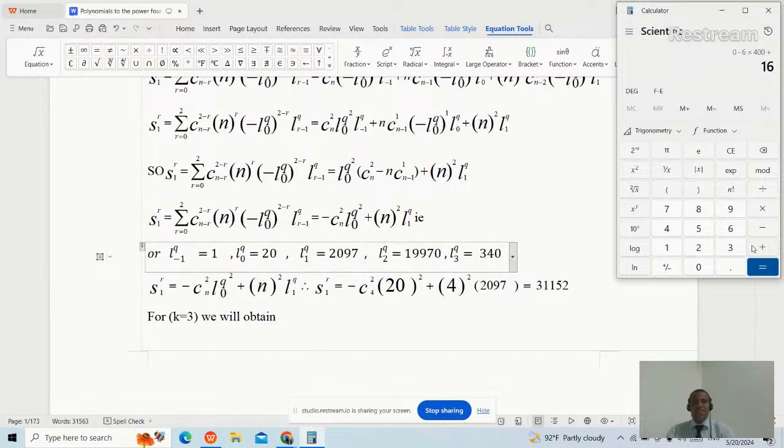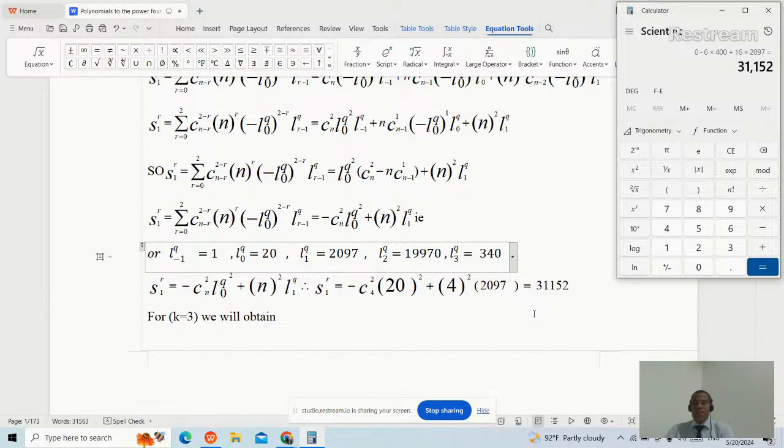We say 16, when you count, for example, 11, 12, 13, 14, 15, 16. We can say also 16, but I prefer pronouncing it as 16. Times 2097. After calculation, you just obtain this value, which is equal to 31,152.